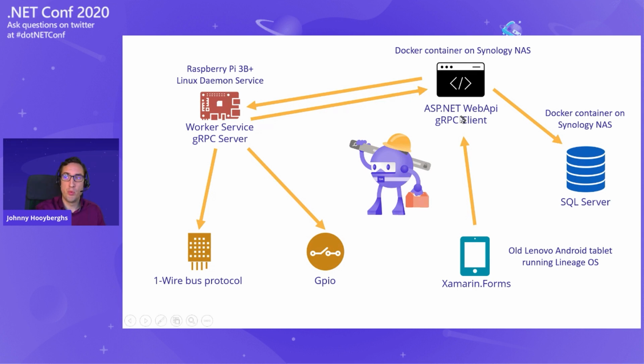Also, the ASP.NET Web API actually runs in my local home. I know there's great tools. We can use cloud environments. We can use Microsoft Azure, but I really wanted to run everything in my local environment without access from the outside world, because I don't want people from the outside world hacking into my sauna and making it run all day and all night using 6,000 watts of power.